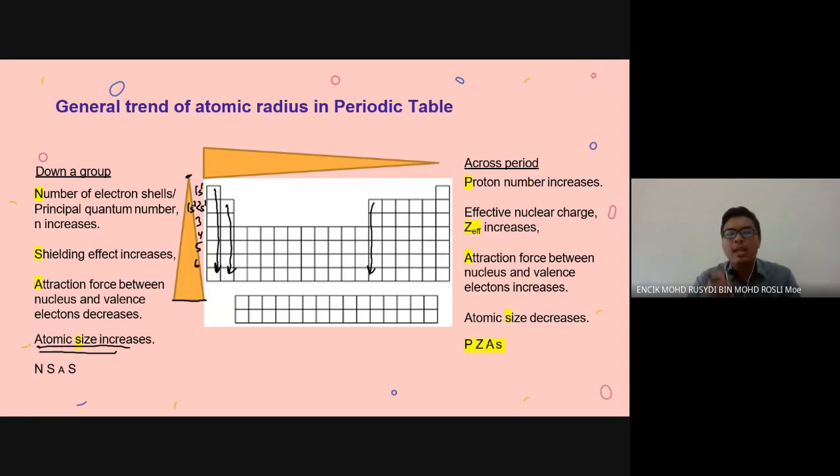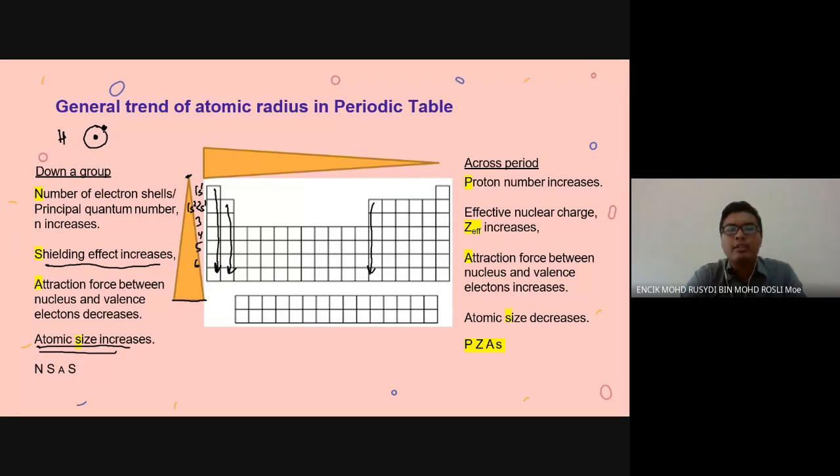Okay, so that number of n tu meningkat menyebabkan the shielding effect increases. Okay, so shielding effect ni korang boleh bayangkan macam ni. Okay, so let's say for hydrogen, dia ada nucleus and then kita terus ada valence electron di hujung sini. Okay, so terus ada valence electron in the first shell.